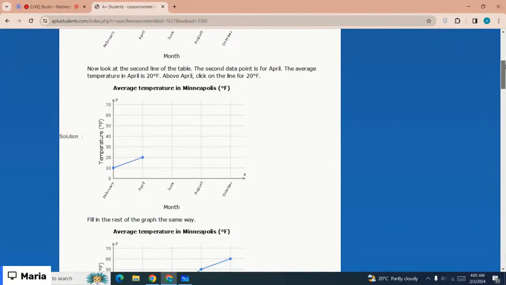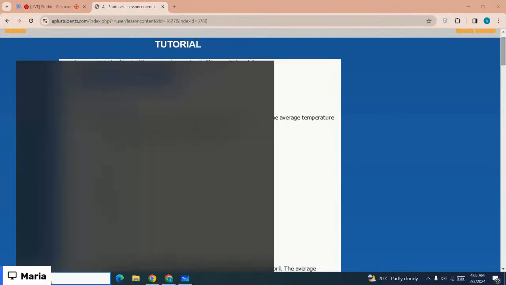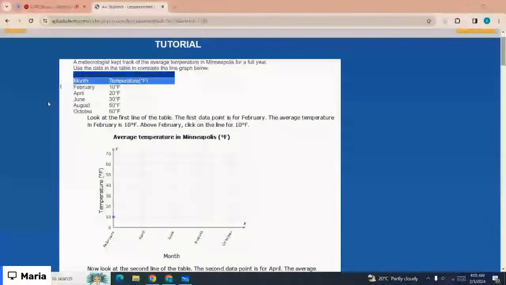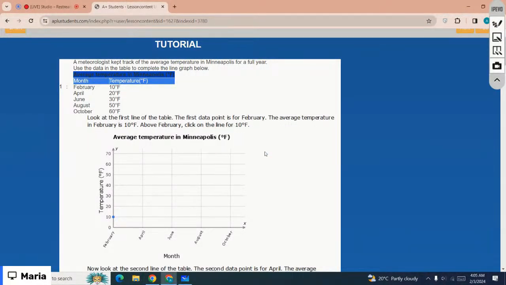So for February, here is the graph. Let's just plot the points on the graph. Okay, here on the x-axis you have the months, and on the y-axis you have the temperature, right?